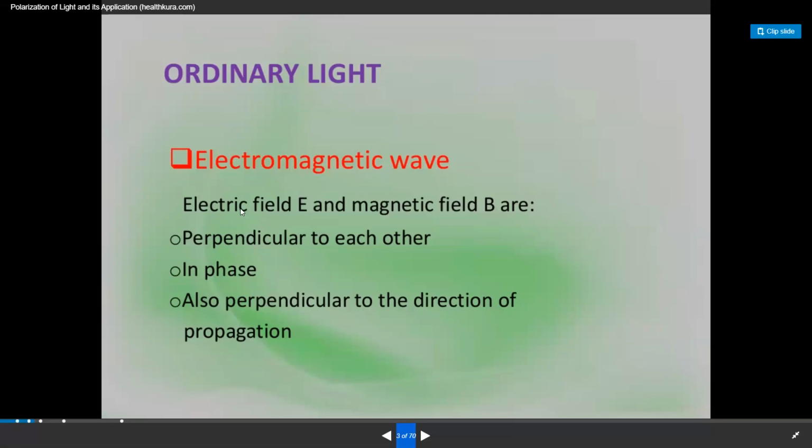That means it consists of an electric field and a magnetic field. These two fields are perpendicular to each other and they are in the same phase. Also, these two fields are perpendicular to the direction of propagation.